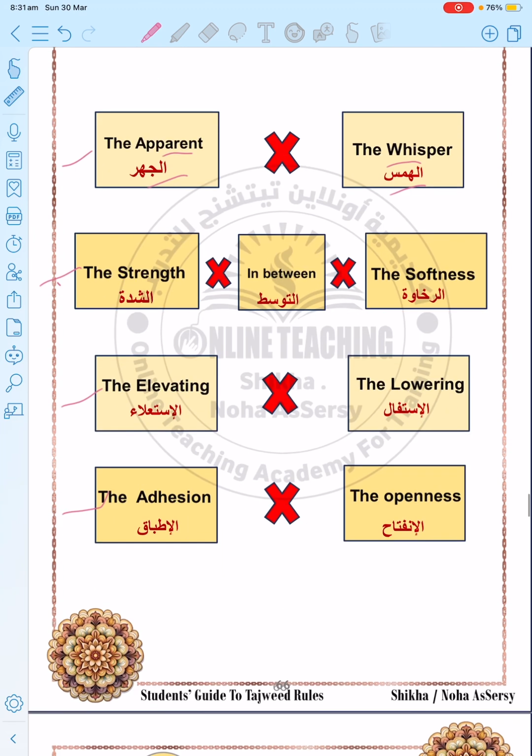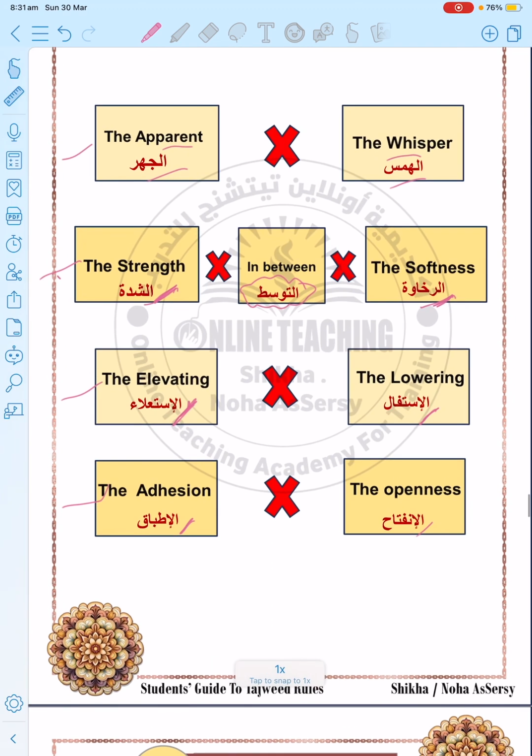We have الشدة والرخاوة, and in between we have التوسط. الشدة means strength and الرخاوة means softness. And we have الاستعلاء والاستفال. الاستعلاء means elevating, الاستفال means lowering. We have الإطباق والانفتاح, adhesion and openness. So these are the characteristics that have an opposite, four different opposites.